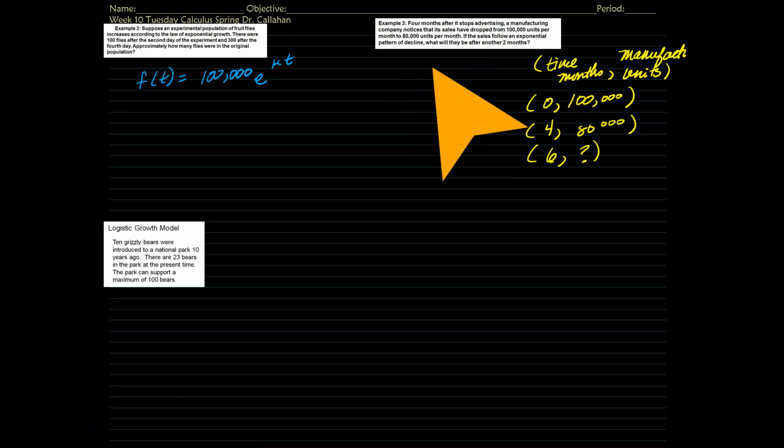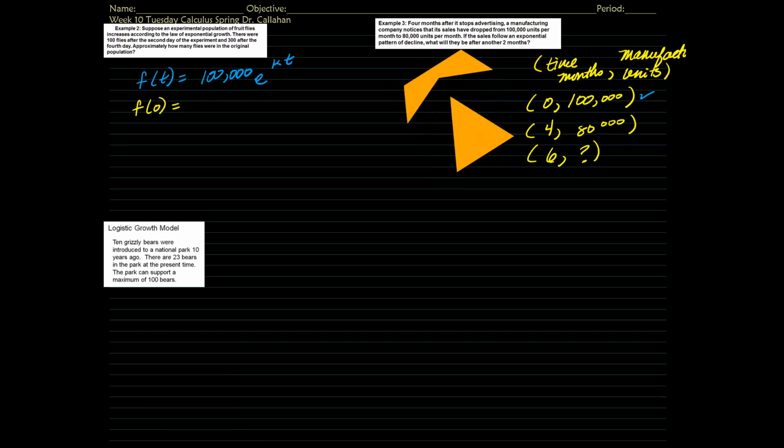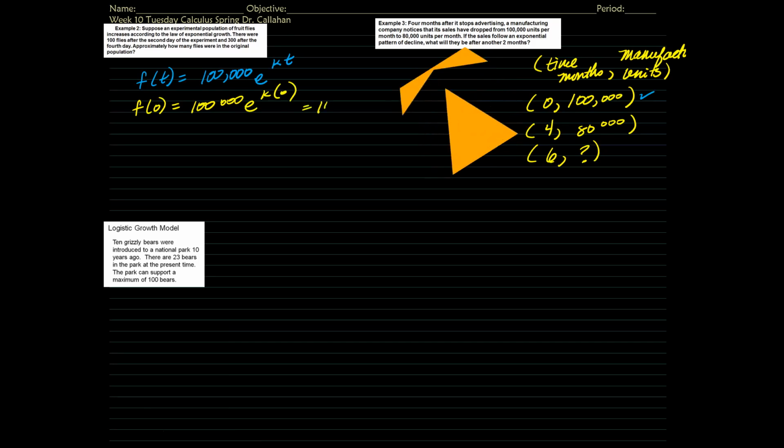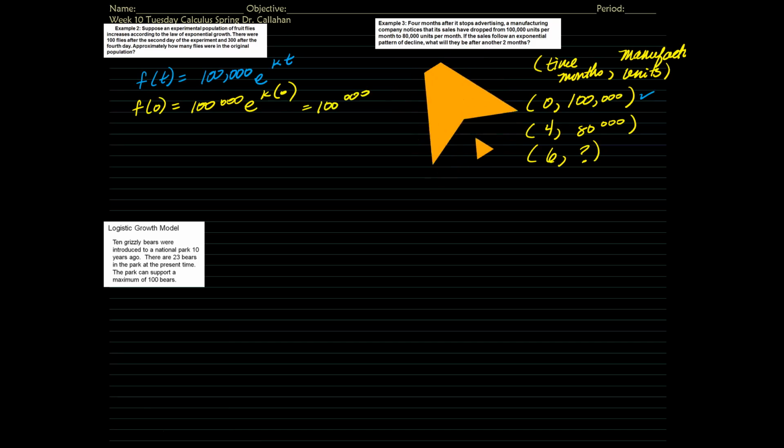All right, let's go ahead and start off with the first point. If I plug in the first point right here, I'm going to have f of 0 equals 100,000 e to the k times 0 equals 100,000.